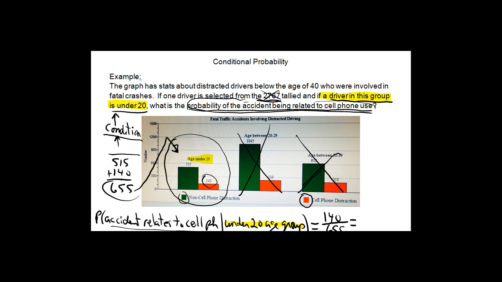So let's do that. 140 divided by 655. And if I take that to 3 decimal places, I get 0.214. So the probability is a little more than 21% that the accident related to a cell phone if we know that the driver was in the under 20 age group.